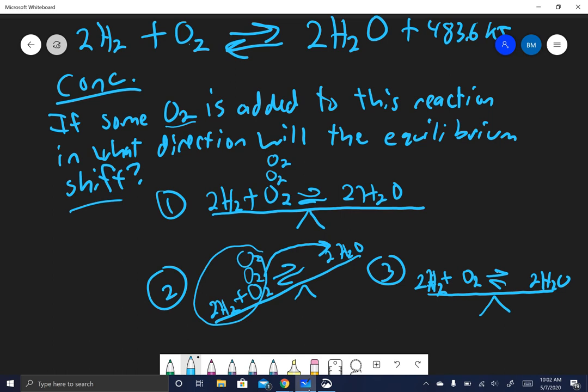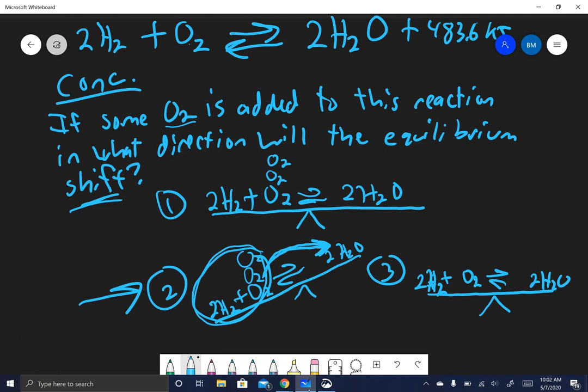So the answer to this question is right here. You dump the O2 on the left side. Which way does it shift? Which direction? And the answer is going to be left or right, towards products, towards reactants. So in this case, these reactants have to go to the product side. They have to react and make more products. So we are shifting to the right.